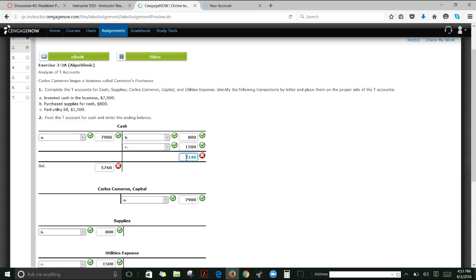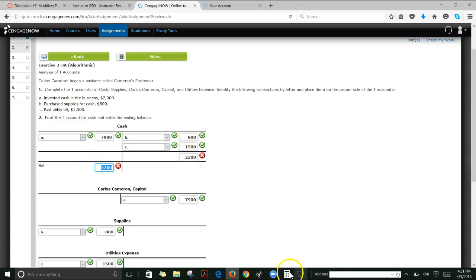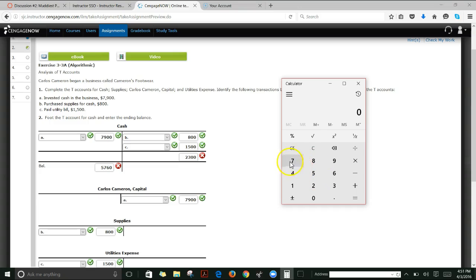Oops, I made a mistake. So that should be 2,300. This was actually a good thing, so I can show you how to fix errors. So I need to subtract 7,900 minus 2,300.